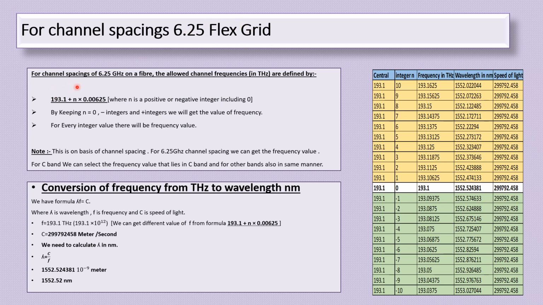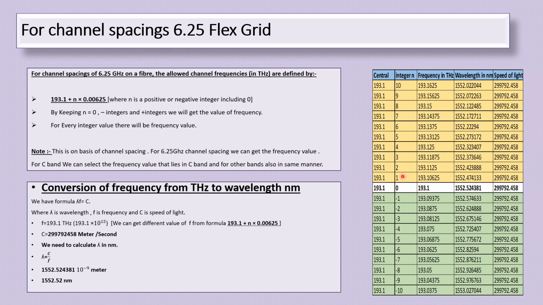For channel spacing of 6.25 gigahertz on a fiber, the allowed channel frequency is defined by the formula 193.1 plus n times 0.00625. By keeping n as a positive or negative integer including zero, we get the different frequency values. By keeping n equal to 0, we get this value.